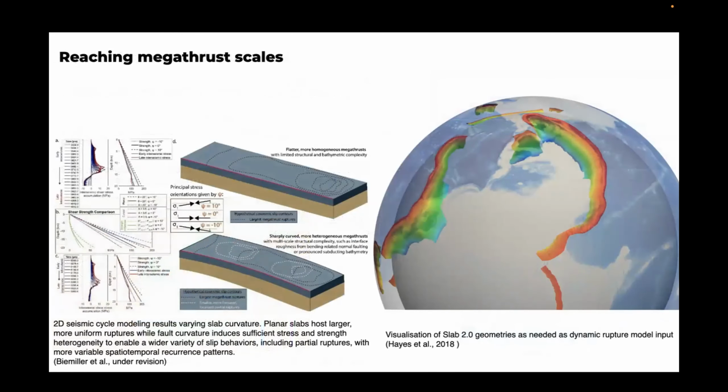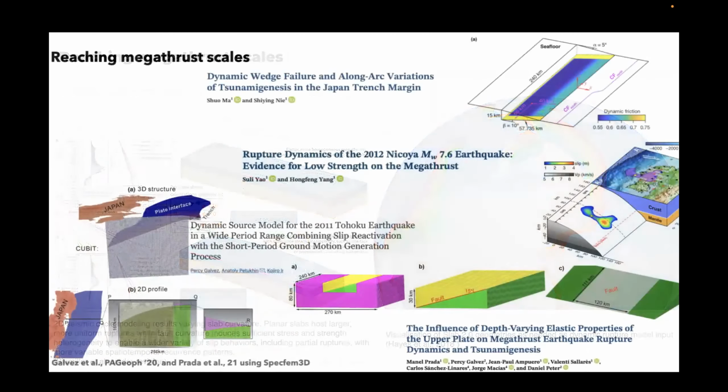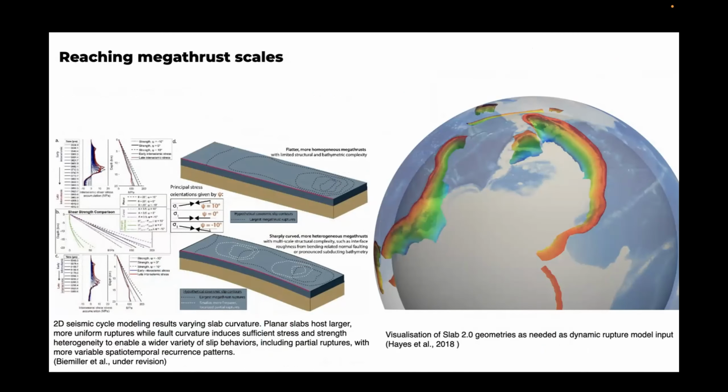Now, if we're doing that at megathrust scale, we have to conduct simulations that are not only geometrically very complex, but they're also covering the long space and time scales that even a single earthquake is covering on these scales. So here's two examples. This is a visualization of SLAB 2.0 geometries as needed as dynamic rupture model input. And here's a recent snapshot of a study by James B. Miller et al.